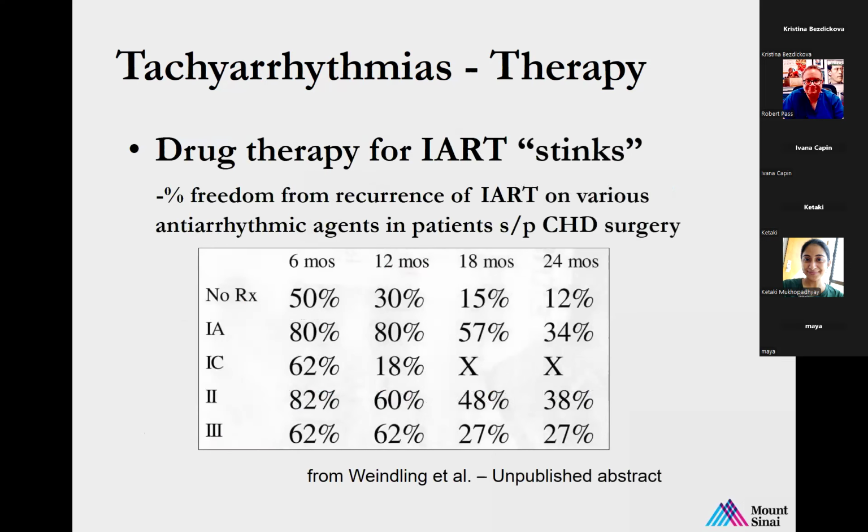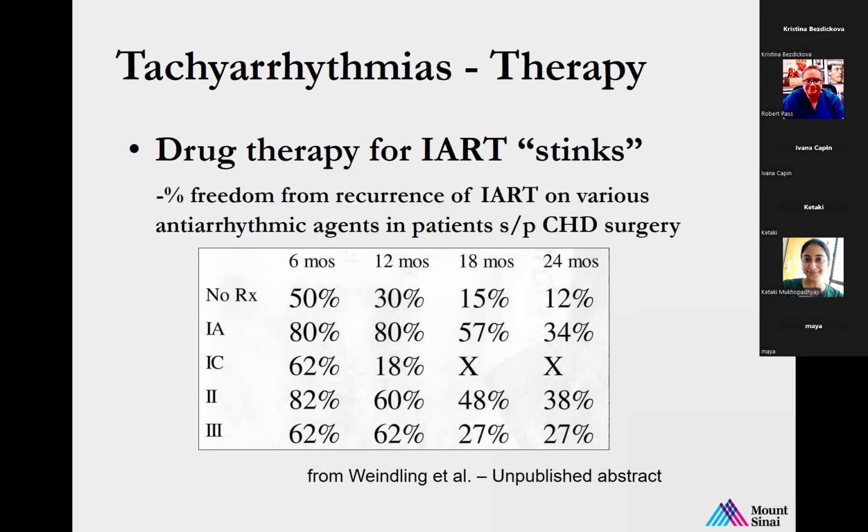And then when we're thinking about intra-atrial reentrant tachycardia, drug therapy basically stinks. This is a chart from an unpublished abstract, but it's quoted all the time, by an electrophysiologist named Steve Weinling from about 20 years ago, looking at the percentage freedom from recurrence of intra-atrial reentrant tachycardia on various antiarrhythmic agents in congenital heart patients.